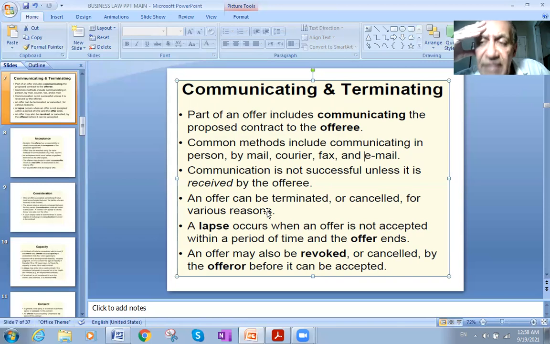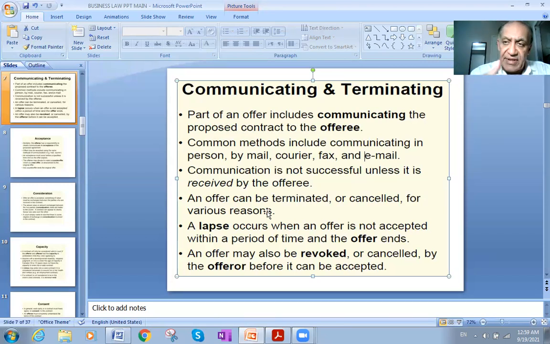If the offeree did not receive the message, then there is no communication, because to have communication, the message sent by the sender should be received by the receiver.